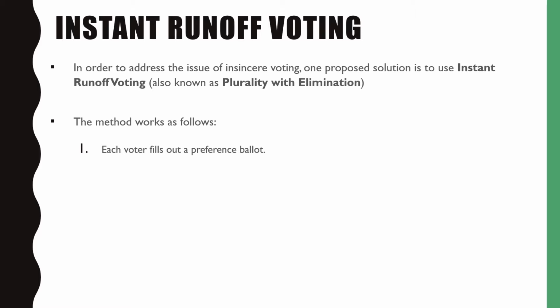Step one, everybody fills out an entire preference ballot. Instead of just asking who you think is your top choice, we ask all of your choices. Step two, if somebody has a majority, obviously that person should win. So they do.